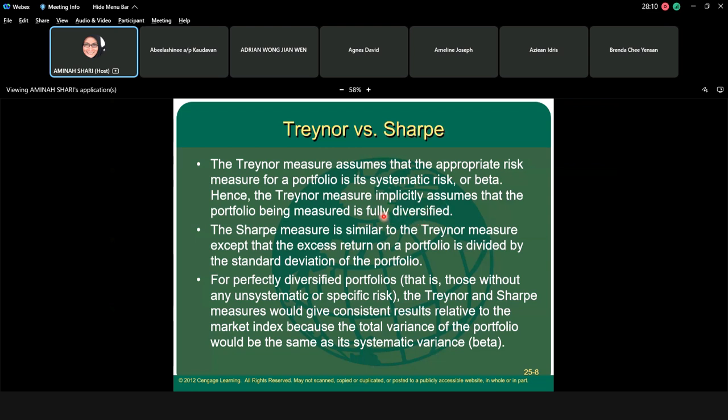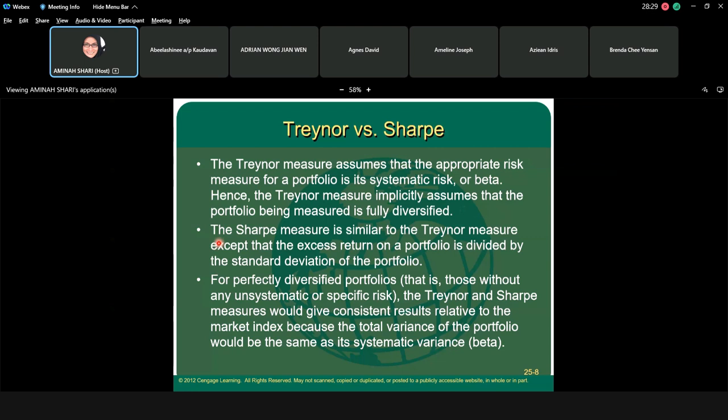You need to know. Okay, dia assume kalau kita guna Treynor measure ni, Treynor ratio ni, dia assume portfolio tu fully diversified. Okay, fully diversified without any other factors interference lah dalam dia punya calculation part.